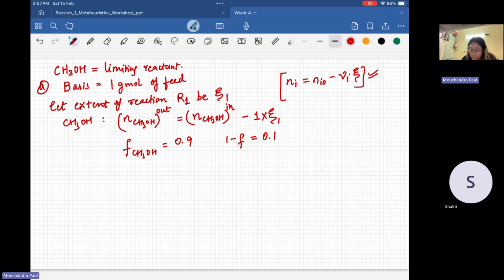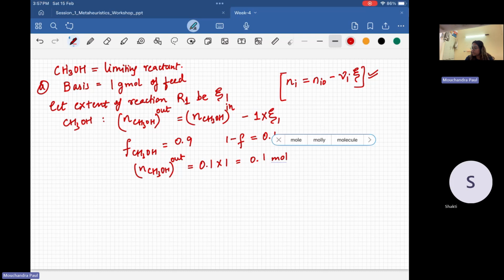So we can now calculate how much methanol is coming out, because we know 0.1, or 10% of the methanol, is going to come out, and the total feed amount is 1 gram mole. So 0.1 times 1, we get 0.1 moles coming out.